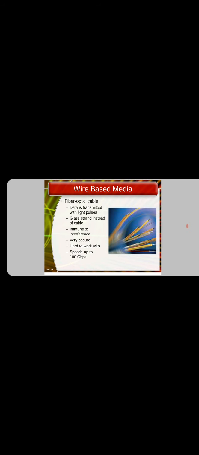Glass and light technologies are generally used, with glass strand instead of cables. They are immune to interference, very secure, and hard to work with, with speeds up to 100 Gbps.